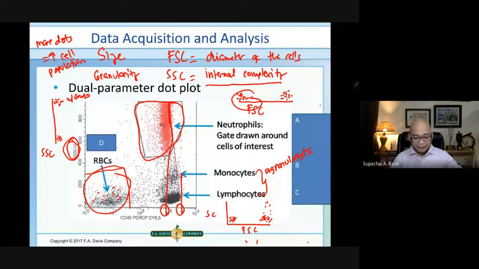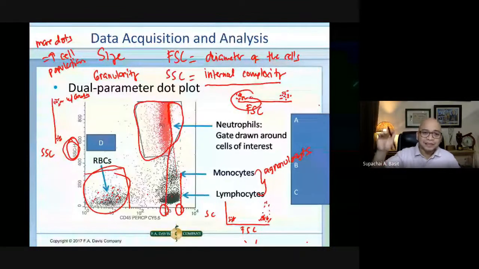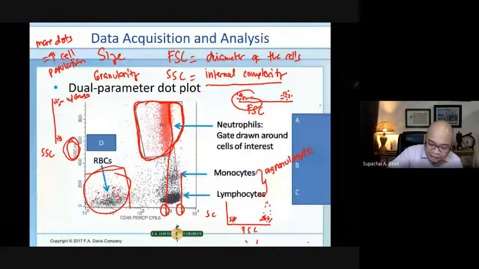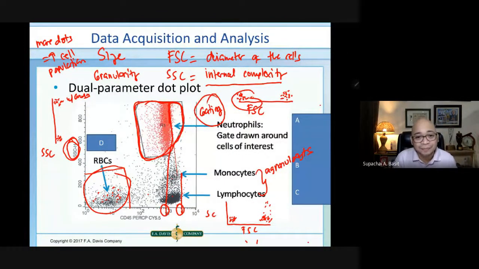Okay, and then if you are using a computer, you can use your cursor and study this particular cell. You call it gating. Okay, you call it gating. So the gate is drawn around the cells of interest. So let's say you're interested to study the neutrophil.